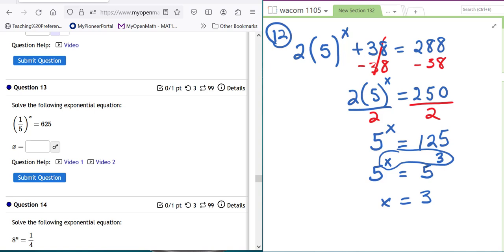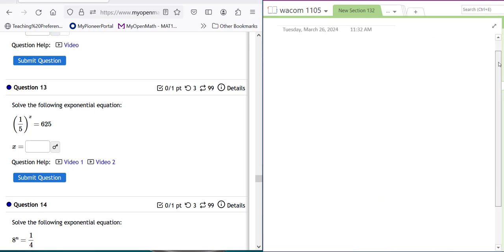This one, a fraction to a power. Remember that when you have something in the denominator, the way it goes down there is something to a negative power. So I would rewrite that piece to start with.